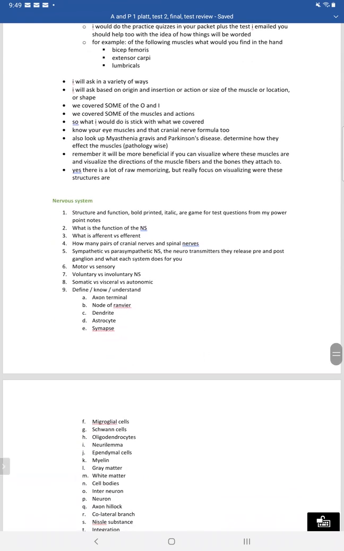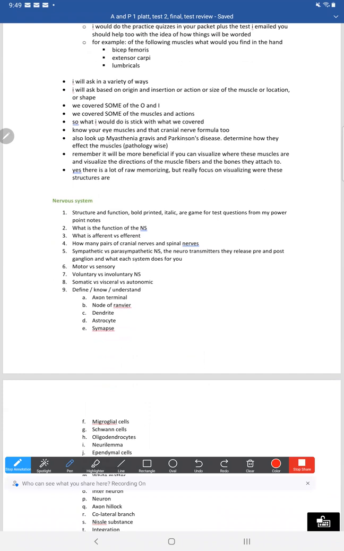Okay, also look up Myasthenia Gravis and Parkinson's disease, and determine how they affect the muscles. All right, now let's just say you don't know what Myasthenia Gravis or Parkinson's is. That's okay. You just look it up, right? What did we say about it, or what does the book say about it, or online?